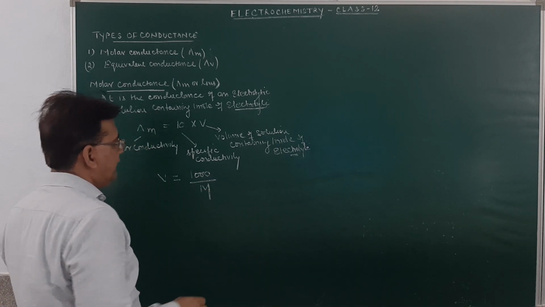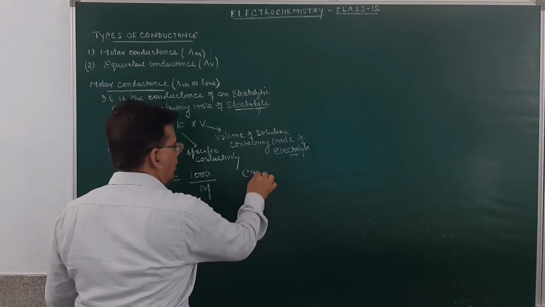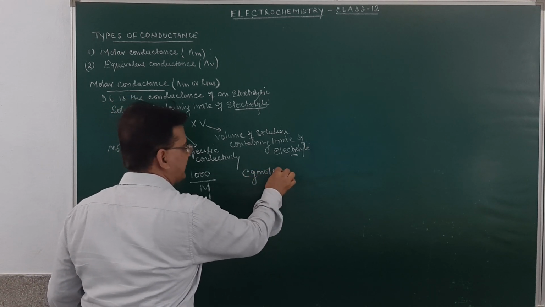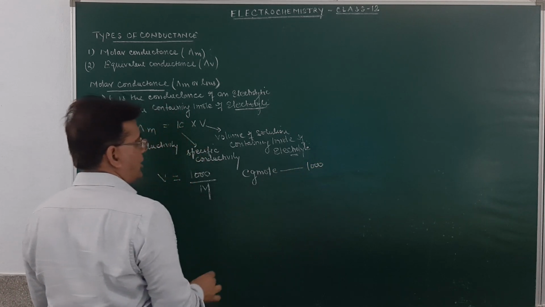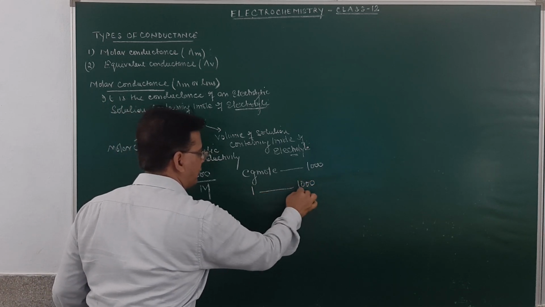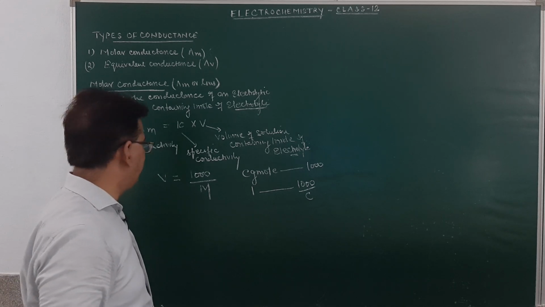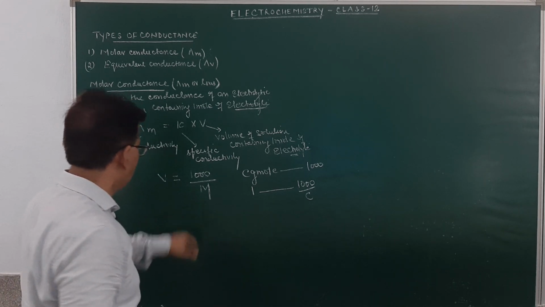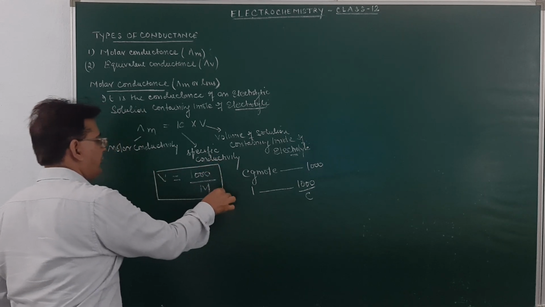How? Suppose C gram mole of a substance is present in 1 liter, so volume will be 1000 ml. So, 1 gram mole will be present in how much ml? This will be 1000 upon C. So, V will be equal to 1000 upon molarity of the solution.